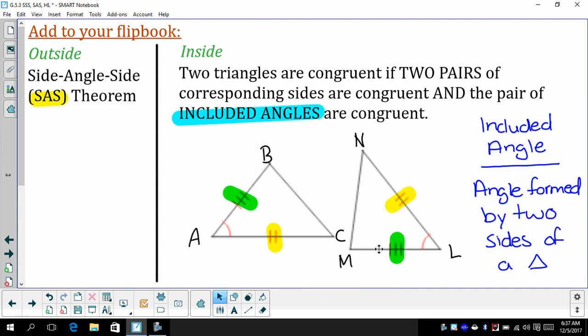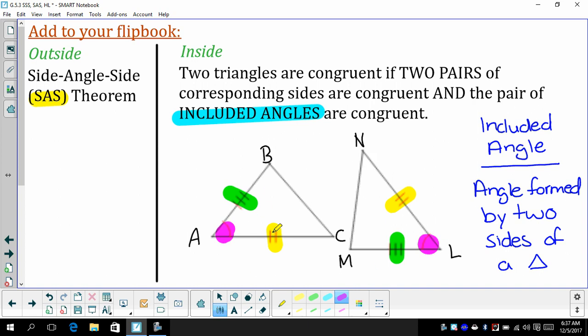An included angle is an angle formed by 2 sides of a triangle. So the included angles in each of these triangles are formed by the sides that we're using to say are congruent. This side I marked in yellow and this side in green, when they come together, they make angle A. This side in yellow and this side in green, when they come together, they make angle L. A and L are the included angles.